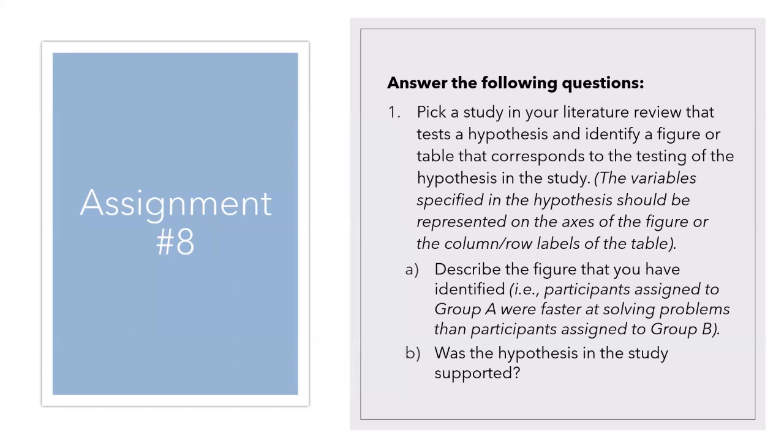Then describe the figure or table that you have identified, and generally in just a couple sentences, what results from the study were supported. And then 1B, was the hypothesis in the study supported overall? Not just looking for a yes/no answer here, looking for just a couple sentences of context and what they found.